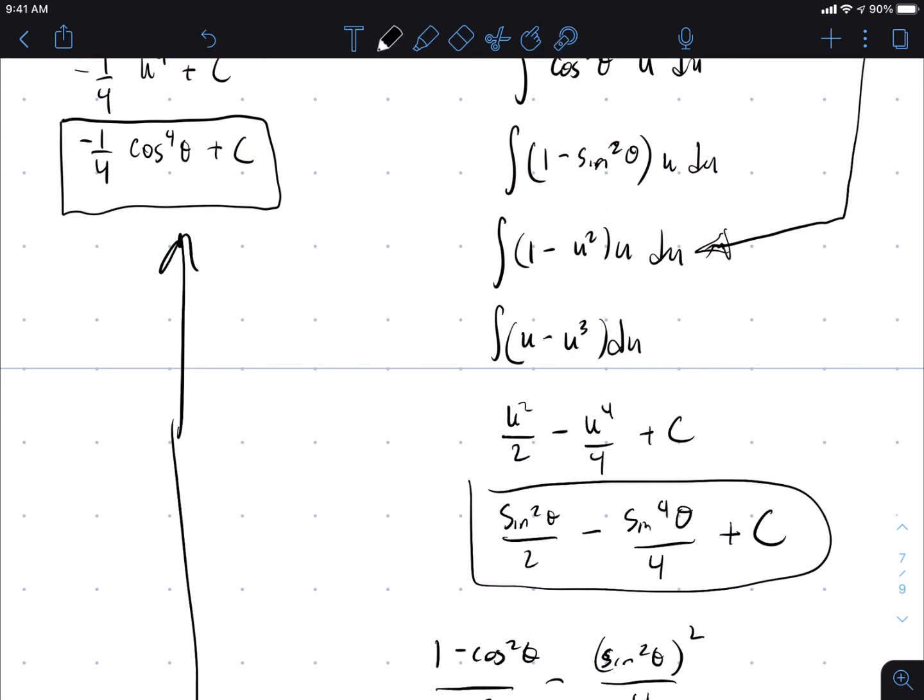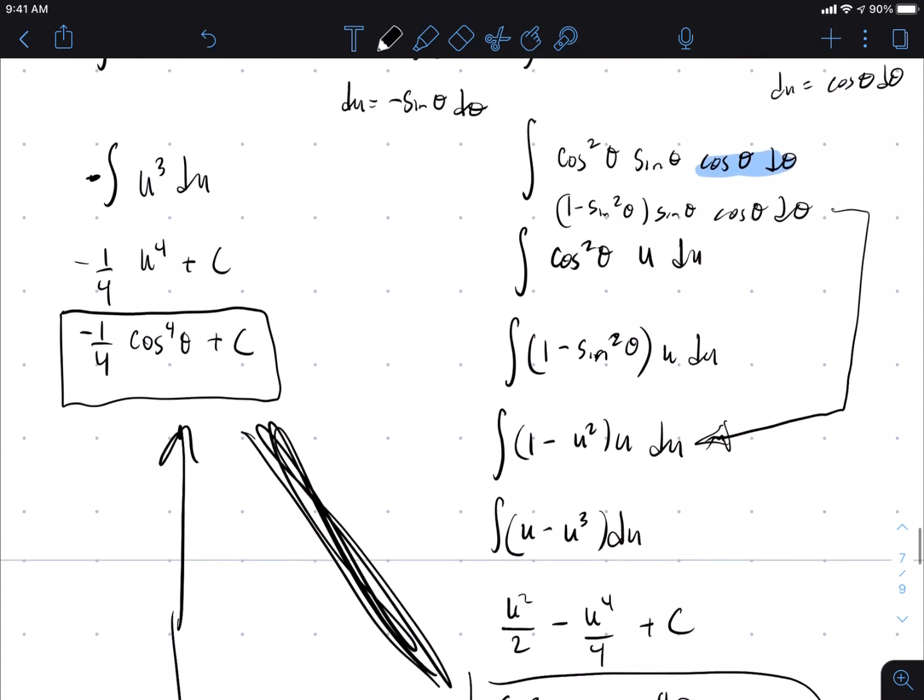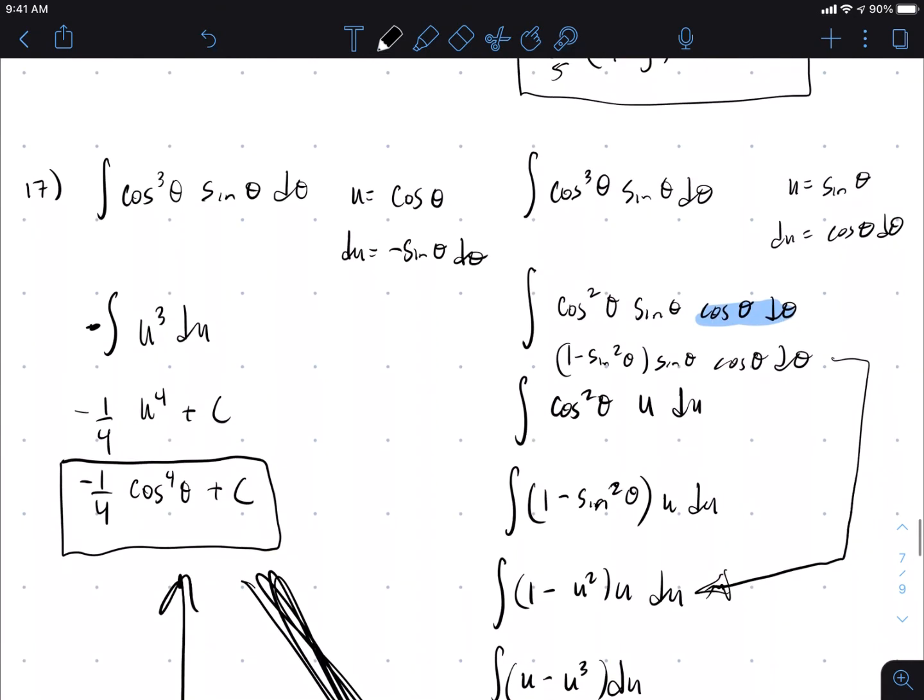The answers look totally different, but they are the same. So, you tell me, you want to do the one on the left, 1, 2, 3 steps? Or the one on the right? Right. Always use the one that has the exponent.